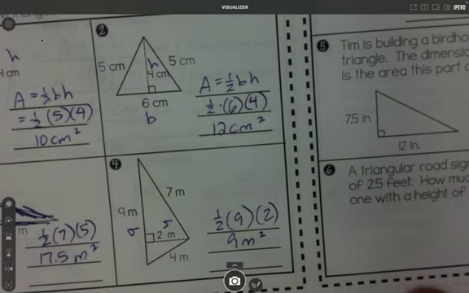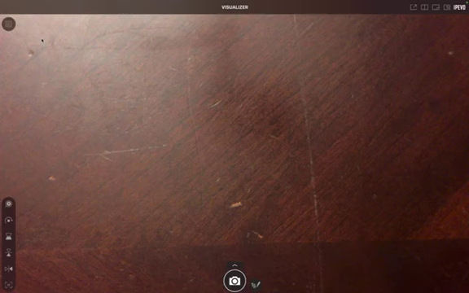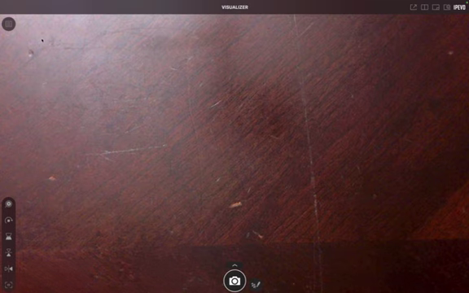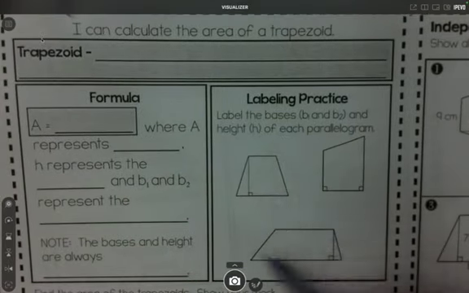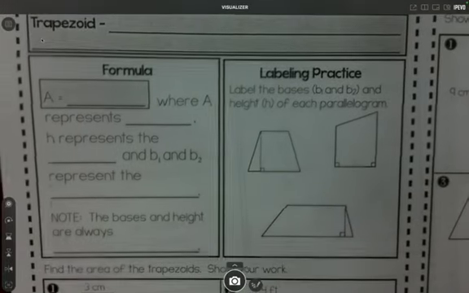Okay, let's save the best for last. Talk about trapezoids. So trapezoids, you can see some examples of some pictures down here. There's some below that too.